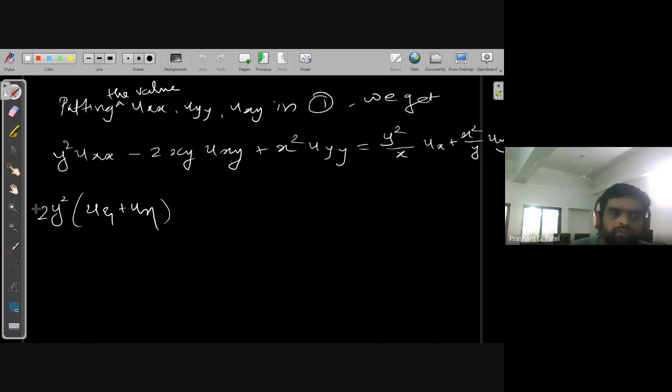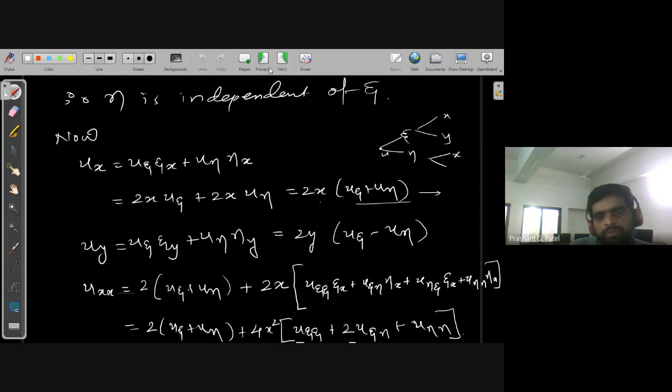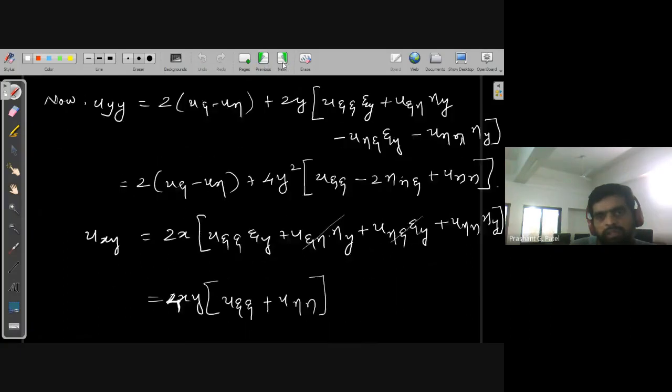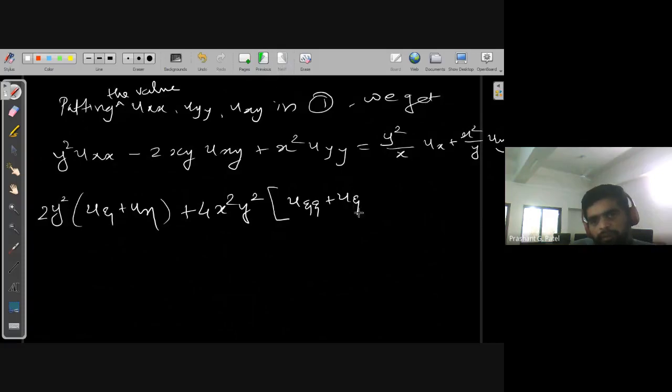And plus this y square is already there. So plus 4 x square y square. You will have it as u xi plus, in the middle term it is plus u xi eta plus u eta eta, 2 times.